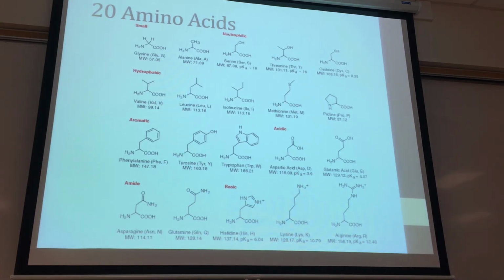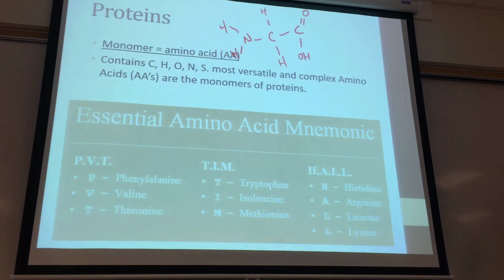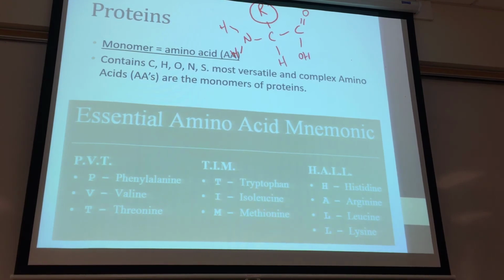The main difference between all of these, if you were to take a look at each of these structures right here, these are all similar, repeating for each single one afterwards. The main difference is the functional group that attaches to that center carbon, that R with the big circle I drew around.